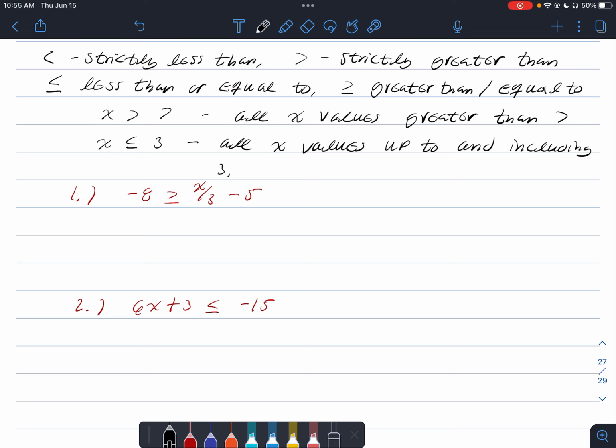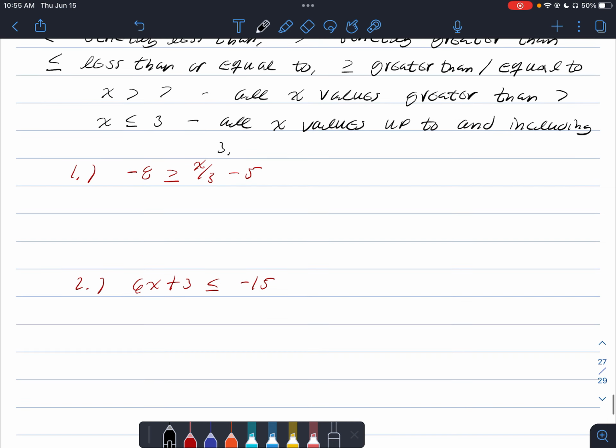So if you were to divide both sides of this first one by -1, you'd have to flip this to negative x is strictly less than -7. That's really all we're saying here.